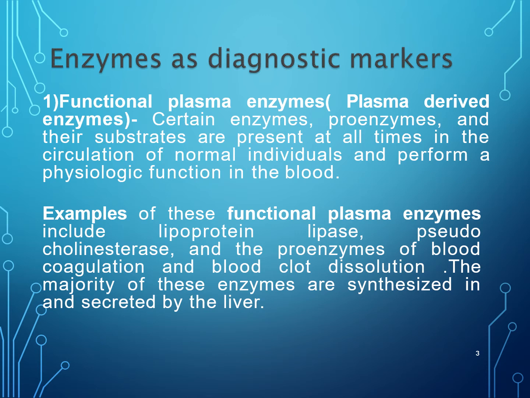For example, lipoprotein lipase, pseudocholinesterase, and the proenzymes used for blood coagulation and for blood clot dissolution are examples of functional plasma enzymes. The majority of these enzymes are synthesized and secreted by the liver.